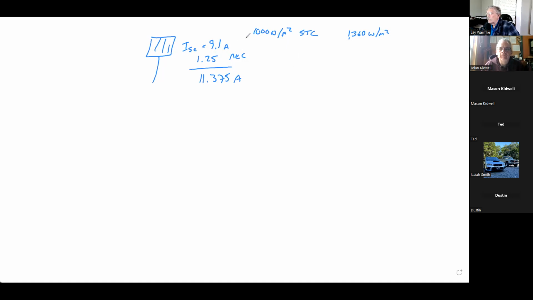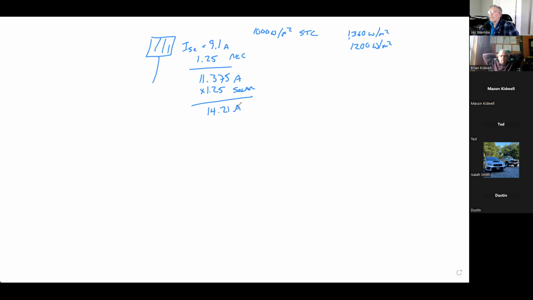And I've made measurements with a meter on a clear, nice winter's day, and I've gotten measurements as much as, say, 1,200 watts per square meter on the ground. So everything's based on 1,000 watts per square meter, but that panel might be subjected to higher. It may be getting 12. So they say because of the variability, let's just put another 1.25 safety factor here.